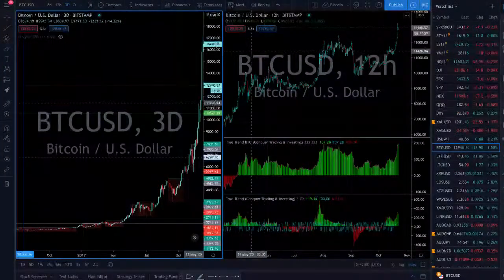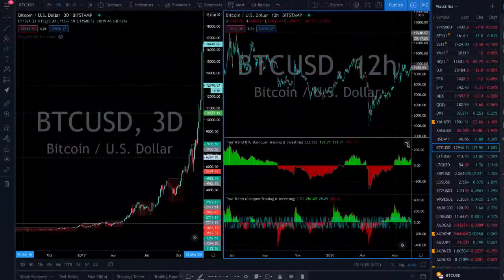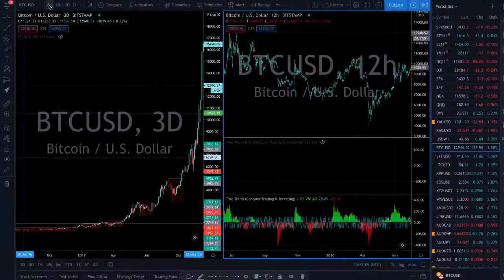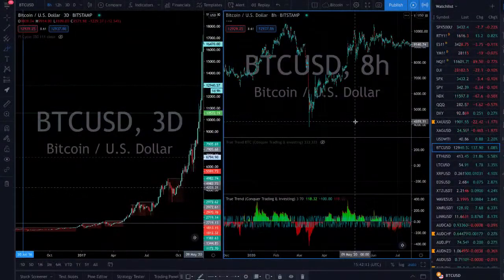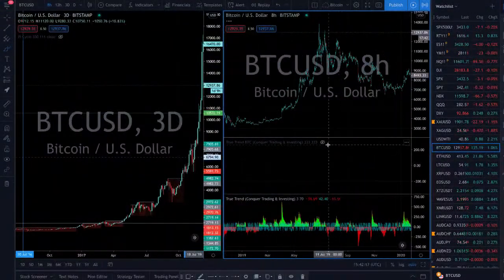If you pull up the true trend, not this one. Let me hide this. This is on a 12-hour time frame. I'll put it on the 8-hour time frame, so just follow what I'm doing.